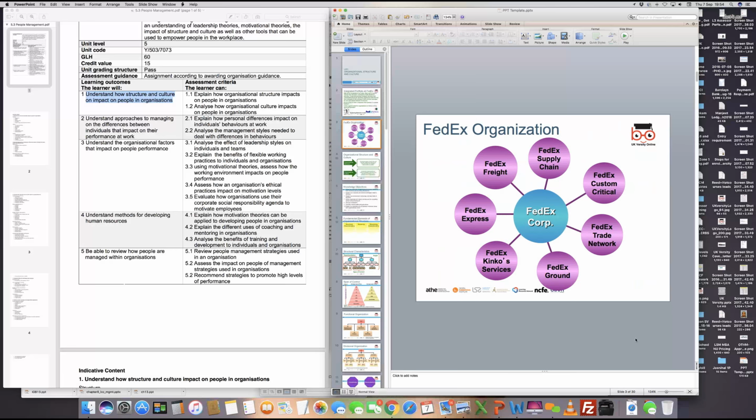Very briefly, when it became FedEx, a big organization, what kind of services does it have? It brought in something which was probably missing from its own long-term strategy. They have freight services, products like FedEx Express, FedEx Ground, a trade network, and so on.